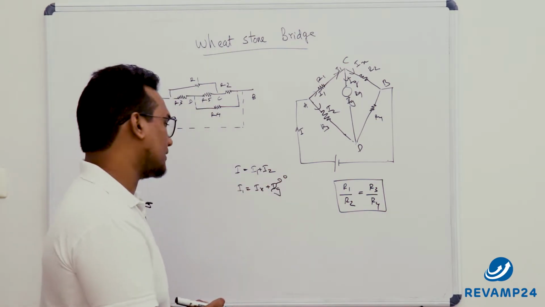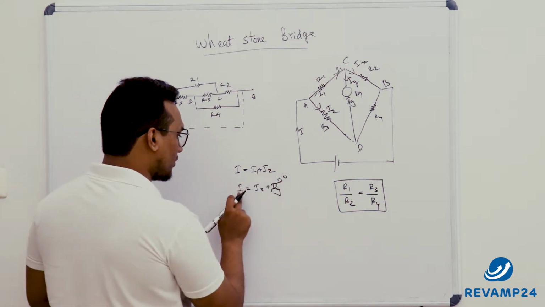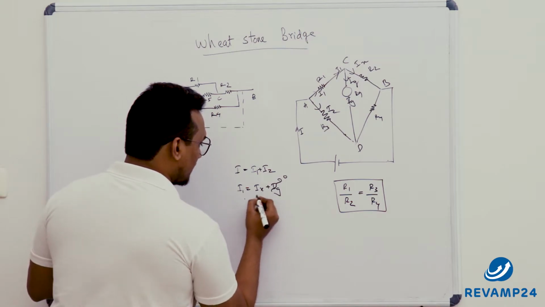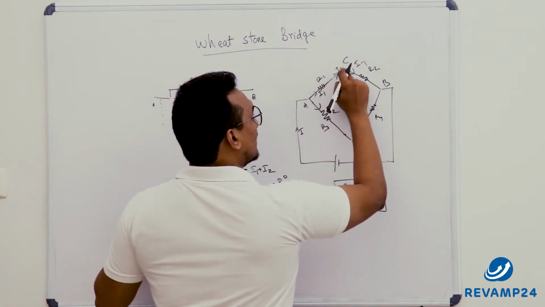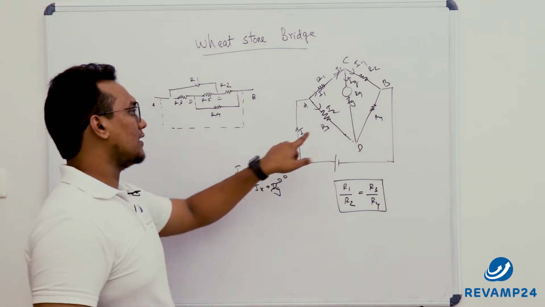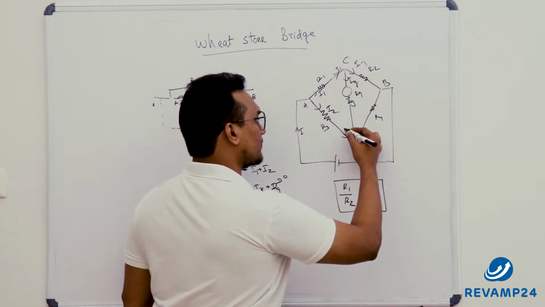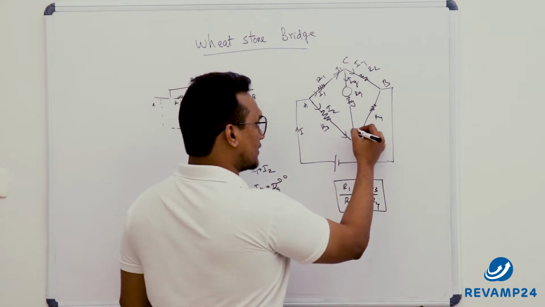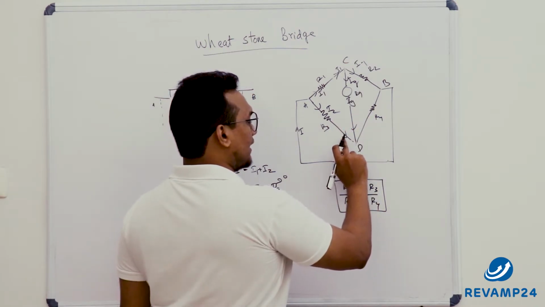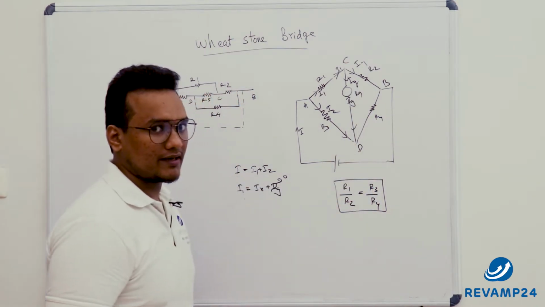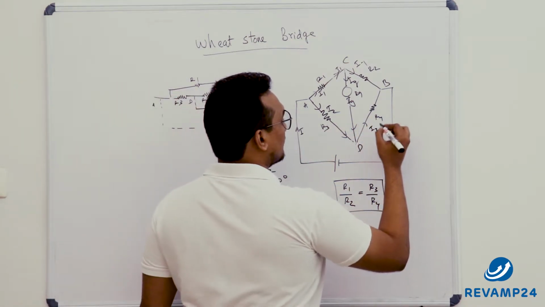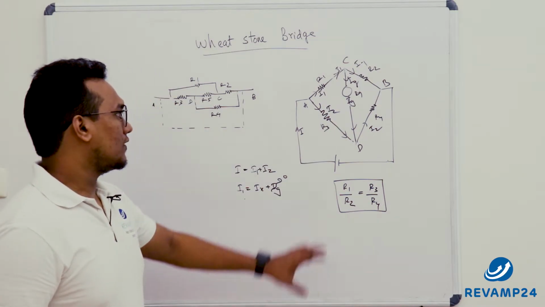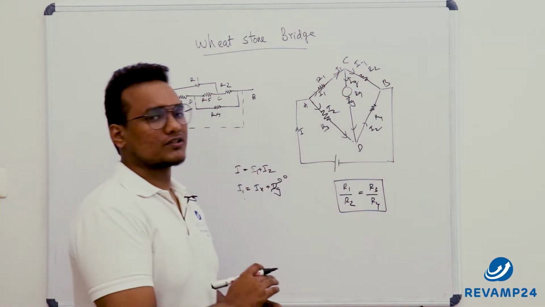That is the balanced condition, right? If Ig is equal to 0, I1 is equal to Ix, which means these two currents will be the same, which means I1 will enter and I1 will leave. Similarly, I2 will enter this junction and Ig is 0 entering. So I2 plus 0, the total current entering, is I2 itself. So the one which is leaving is I2 itself. Clear? So we have applied Kirchhoff's first rule here.